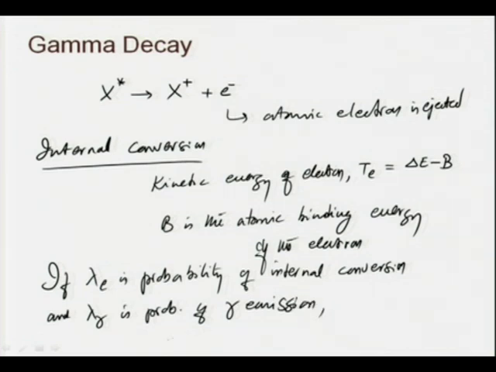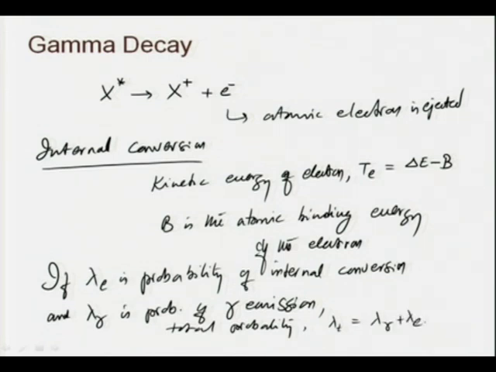The total probability of de-excitation is lambda t equal to lambda gamma plus lambda E.